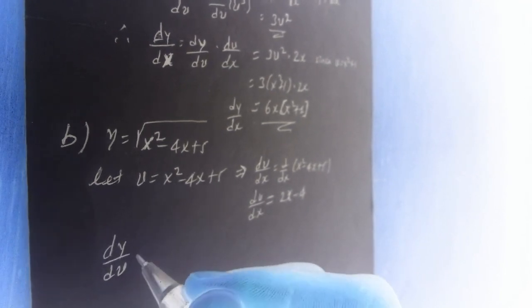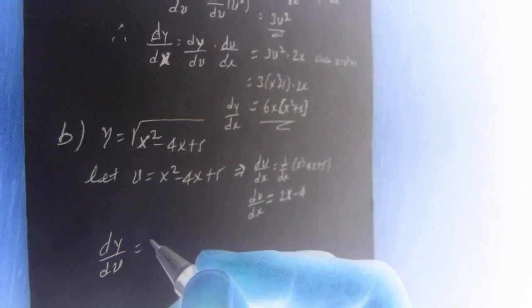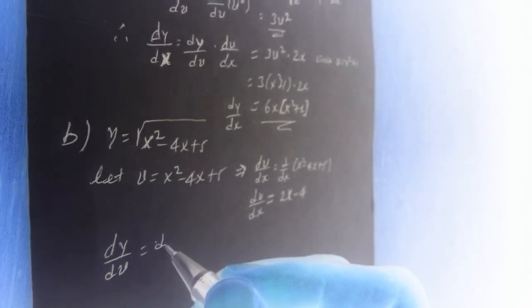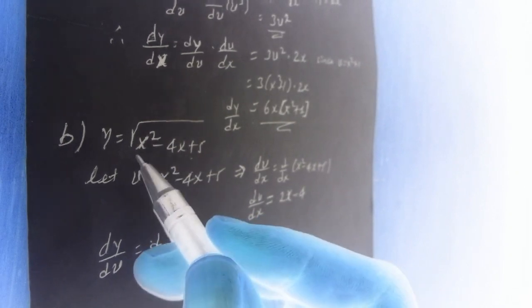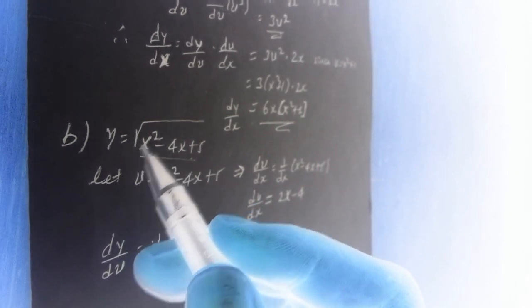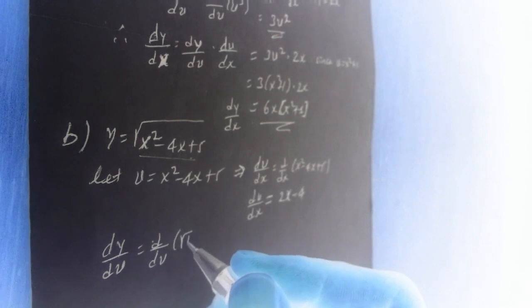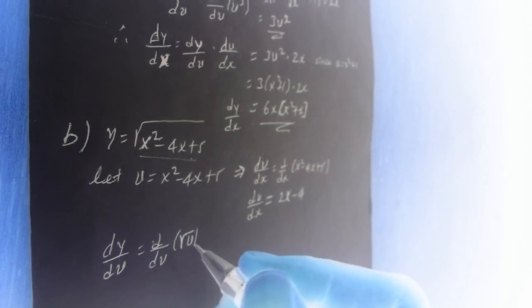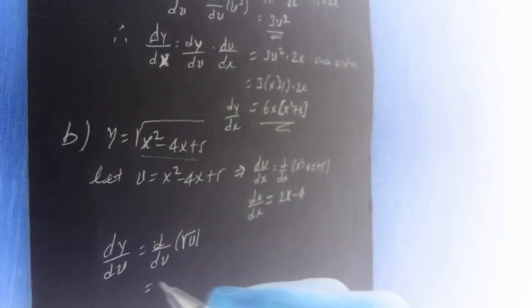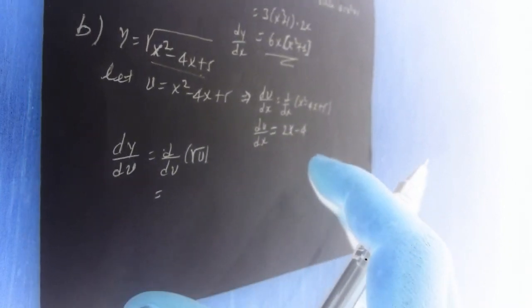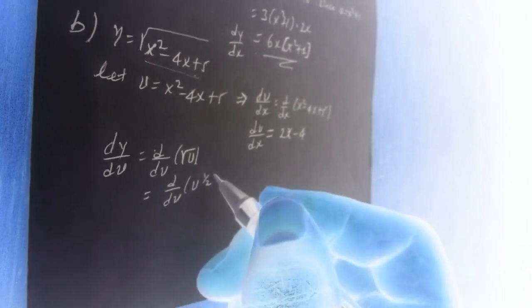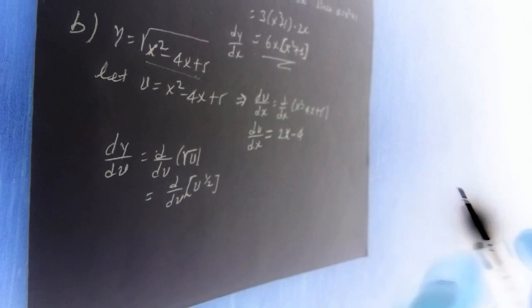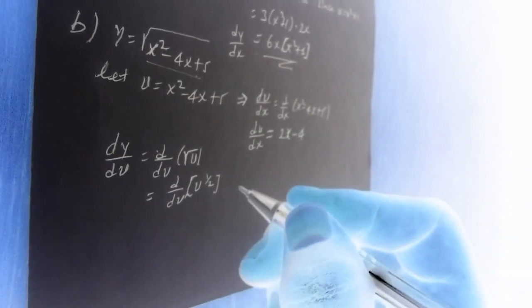From this, we can say that dy by du equals d by du of root u, since u equals x squared minus 4x plus 5. Root u means u to the power of 1 over 2. We can write it in a simple way.